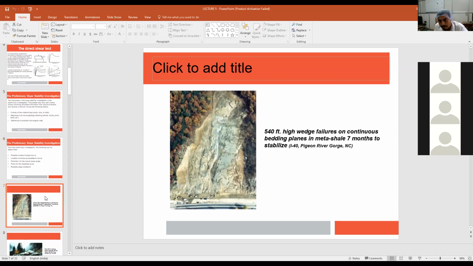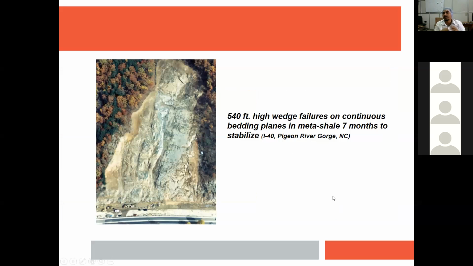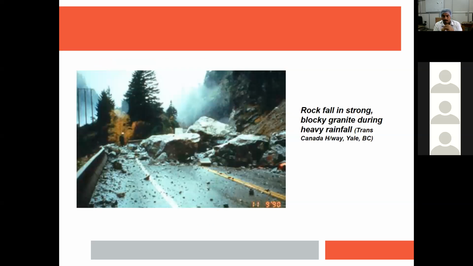Now, I will show you a few snaps that will give you the picture of how slope failure occurs in different geological conditions. This is a civil site of a wedge failure that occurred for continuous bedding planes in North Carolina in America.